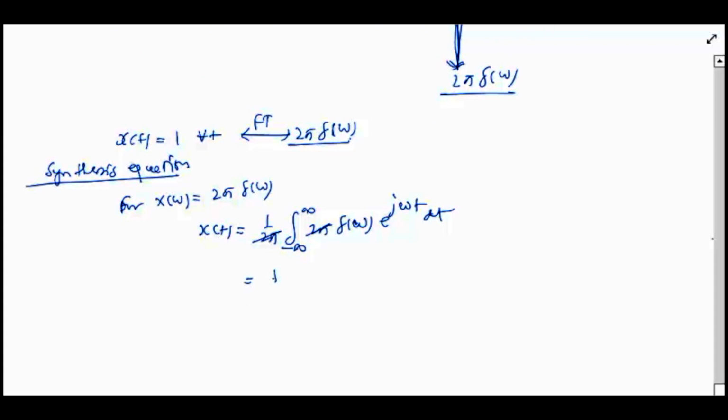Okay, so we can follow similar logic to get dual results as follows. The dual to the above pair is: if x(t) is the Dirac delta function, then its Fourier transform is 1 for all omega, a constant function.